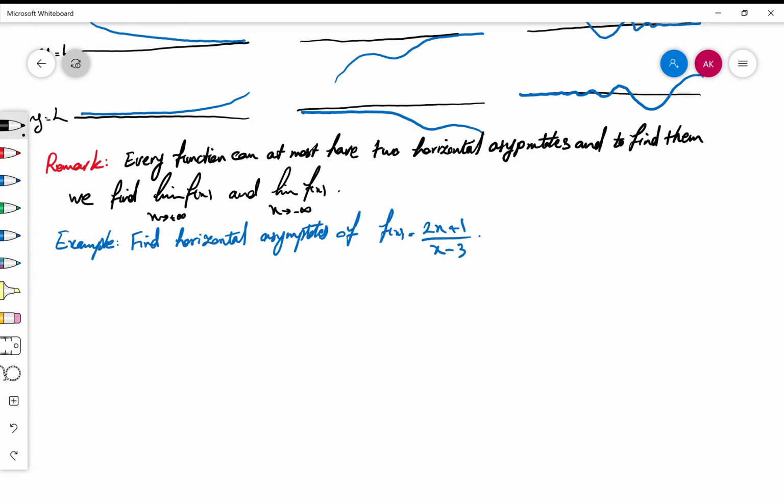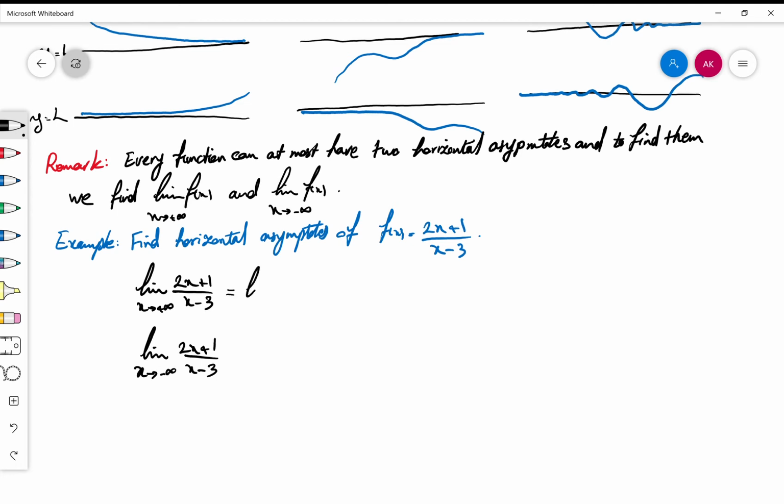To find horizontal asymptotes, you have to check two limits. What is the limit of the function as x goes to plus infinity? And what is the limit of the function as x goes to negative infinity?